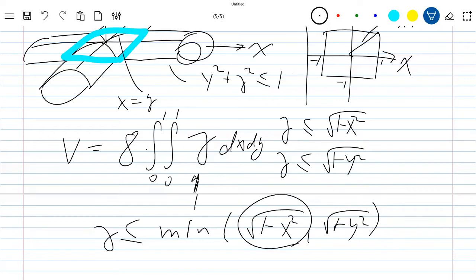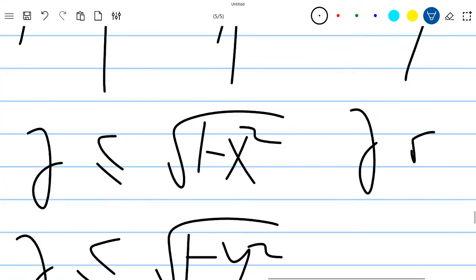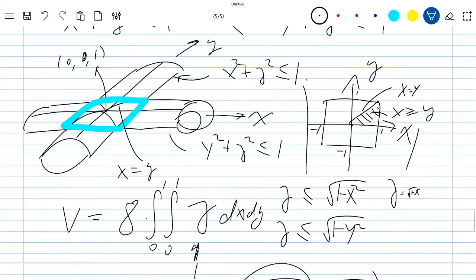When x is larger, this term is smaller, so z equals that, which means this part. Because this is x equal to y, below that is x greater than or equal to y. So that's the region where z equals the square root of 1 minus x squared. And above that, it's the other way around.